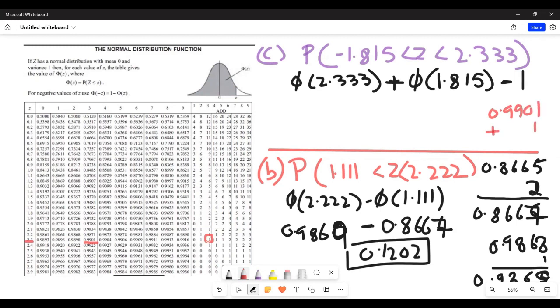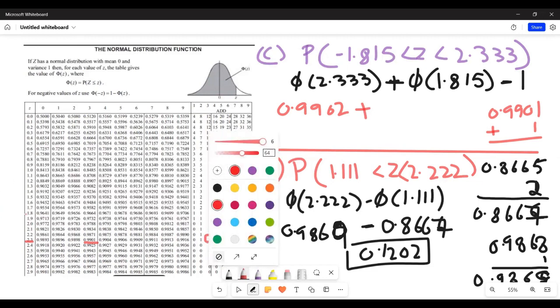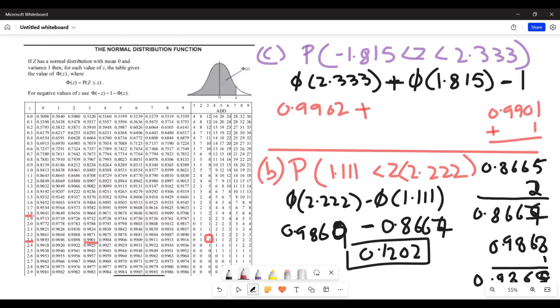0.9901 plus 1. So it's going to be 0.9902. Okay. Plus 1.815. So 1.8 is right here, 1 is right here, and 5 is right here. So add 4 to that. So let me just clear the space.